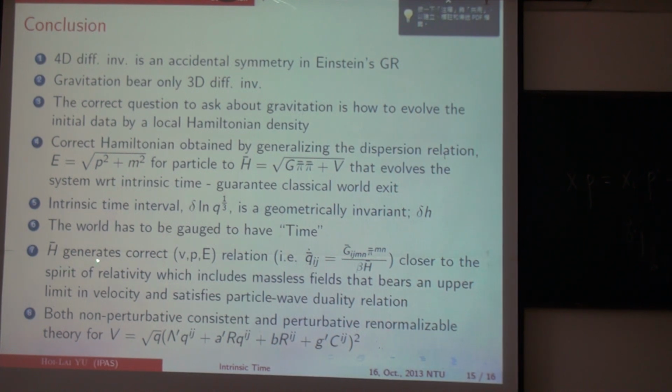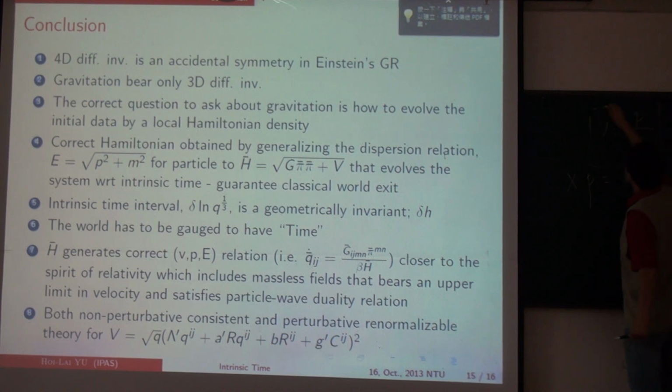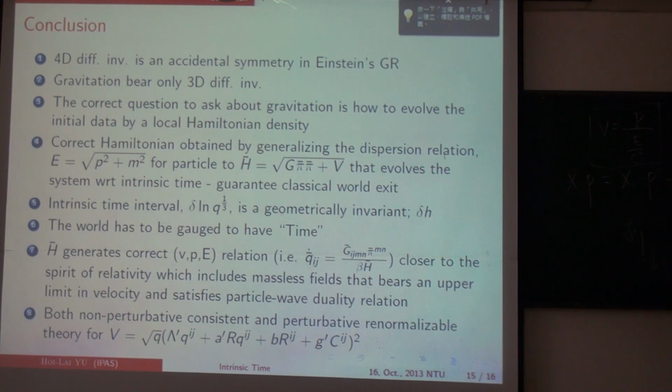the Hamiltonian equation of motion actually generates the correct velocity-momentum relation. You know, in special relativity, in order to include massless particles, the velocity of a particle is not p over m.